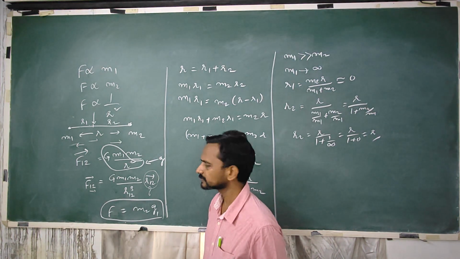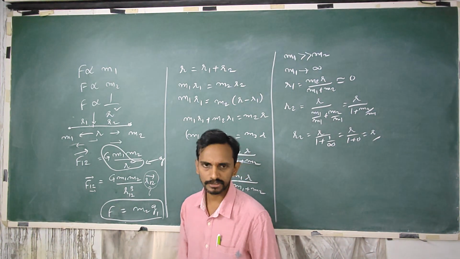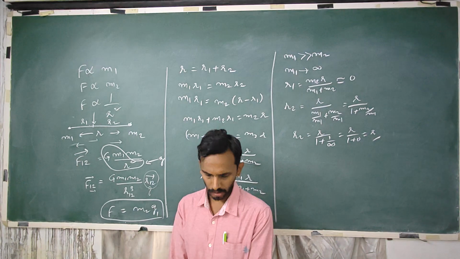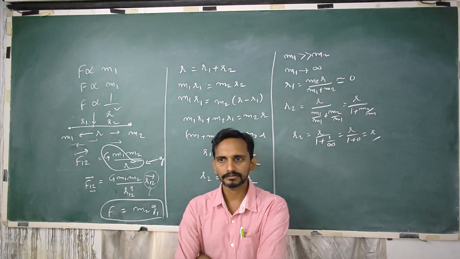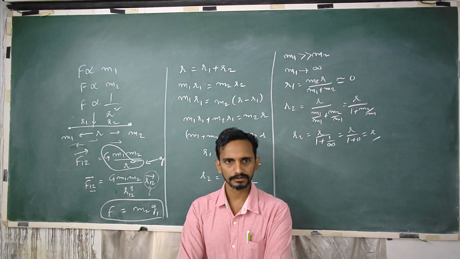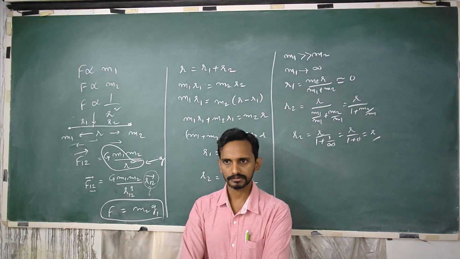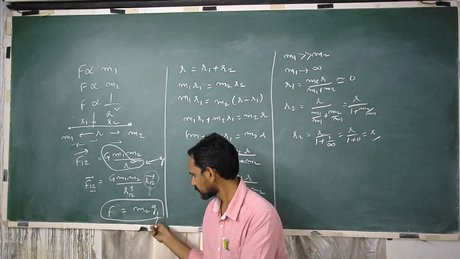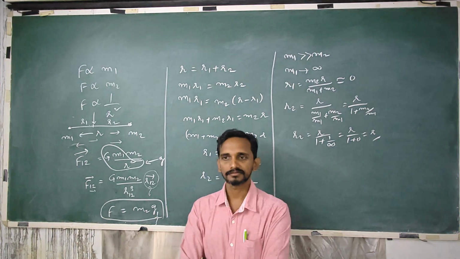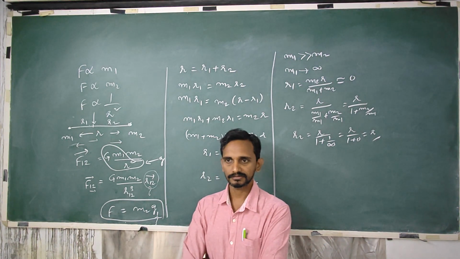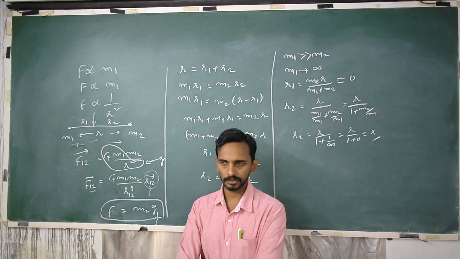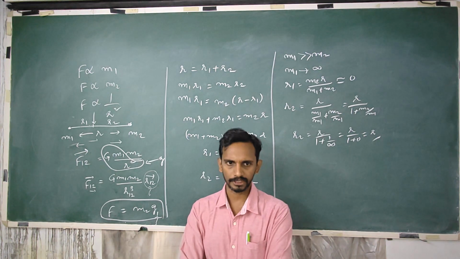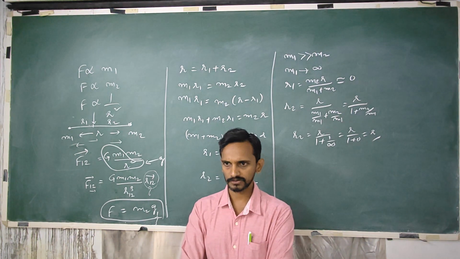What about this? The radial distance between the object to be pulled and Earth. Then, is it a variable? Let's say the gravitational pull of Earth is some 9.8 meters per second square.